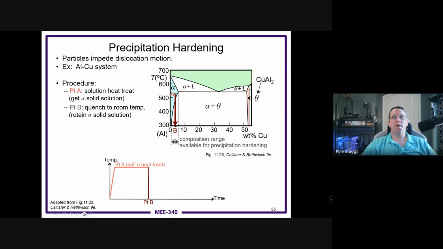And what that does is retains the alpha solid solution, so instead of giving it time to become alpha and gamma at the same time. C is a reheat to be able to nucleate small particles for theta in that alpha phase.